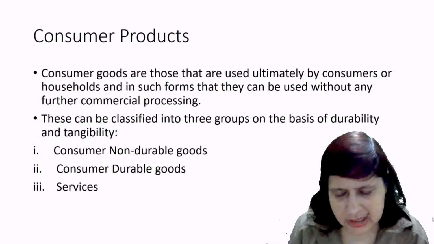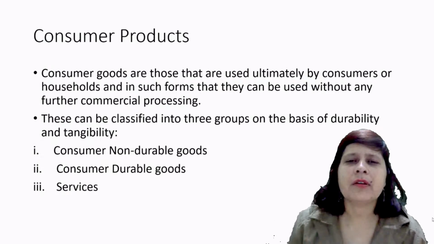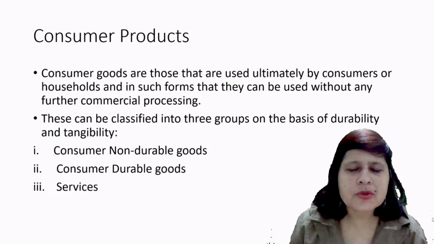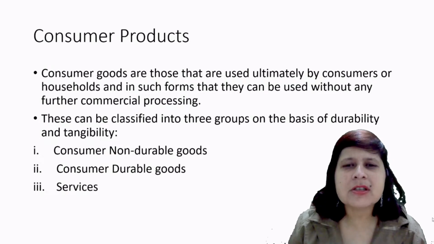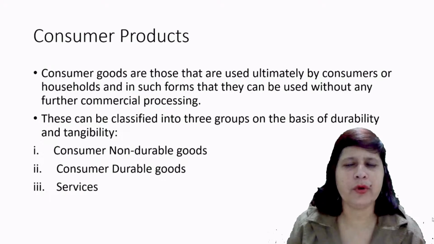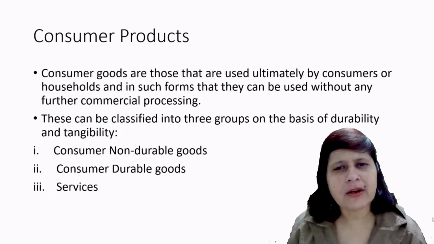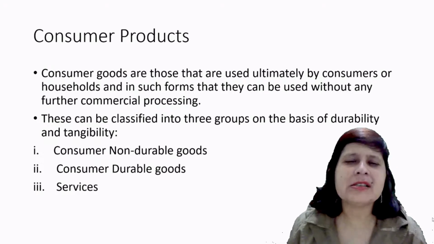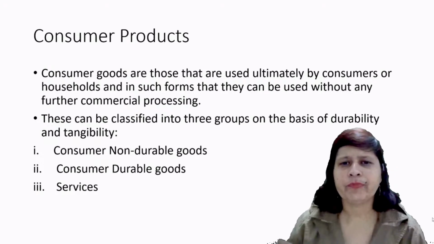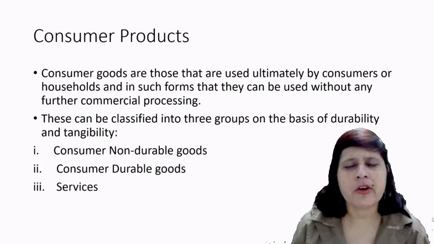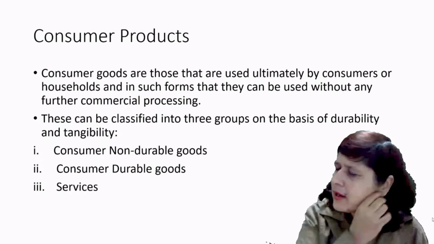But if we want to study, a marketer can study the purchasing behavior of the household, rather than the individual consumer. You can do that, but in some cases you can study the purchasing behavior of the household, and they are known as the end consumers.